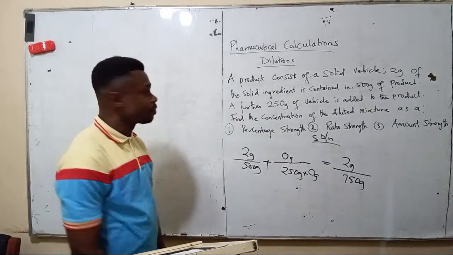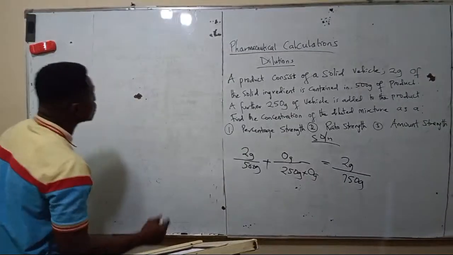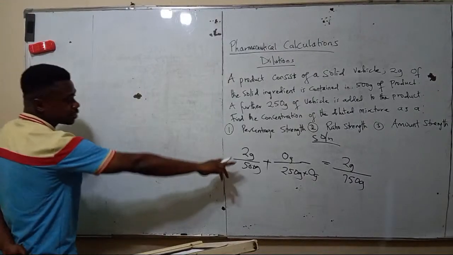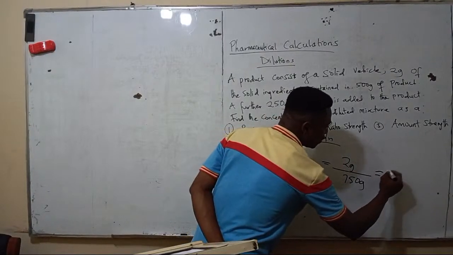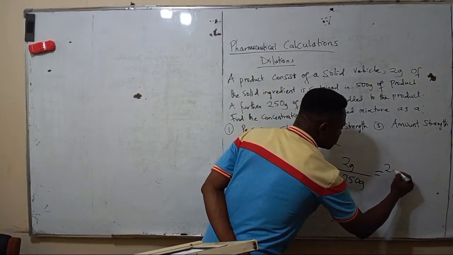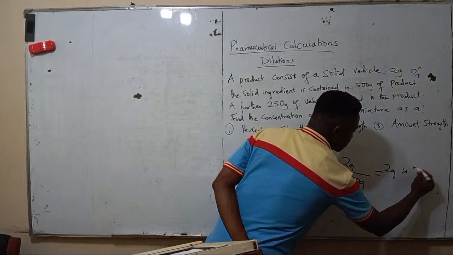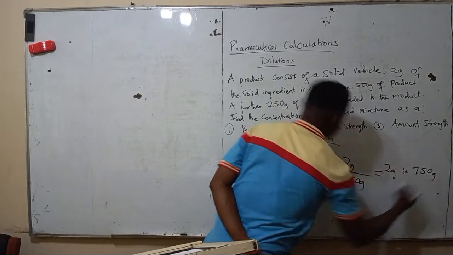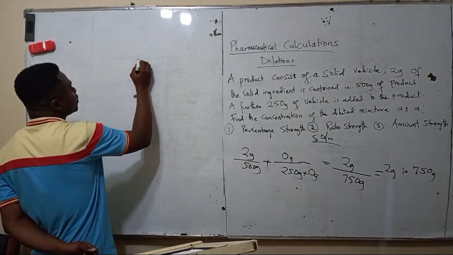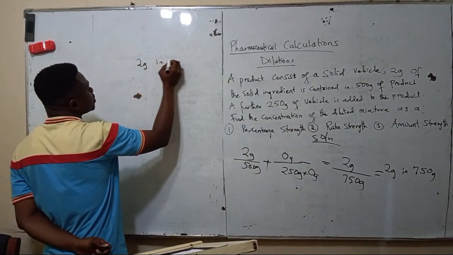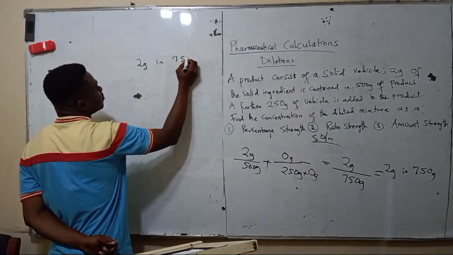Now let's solve it here. This is saying 2 grams in 750 grams.